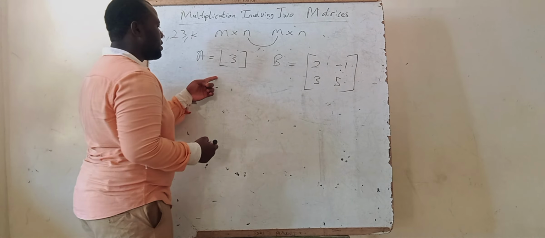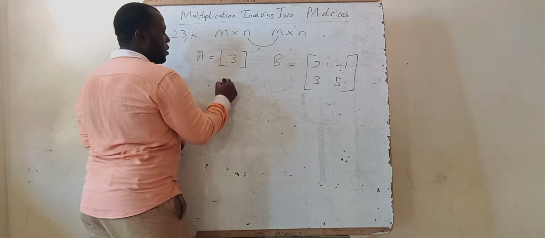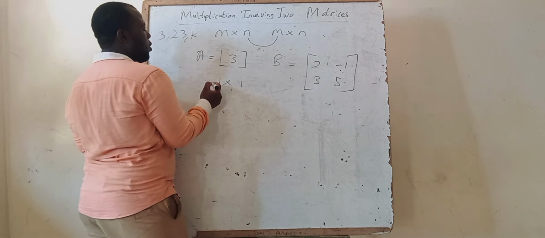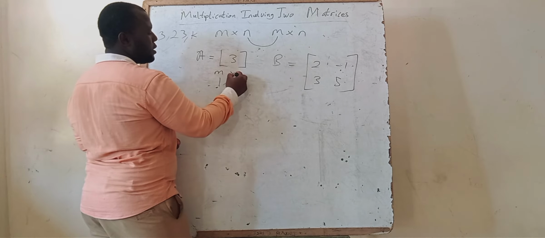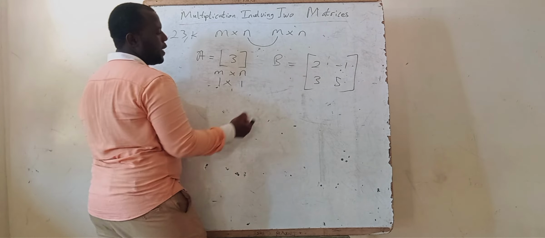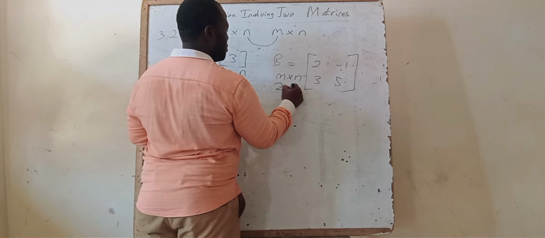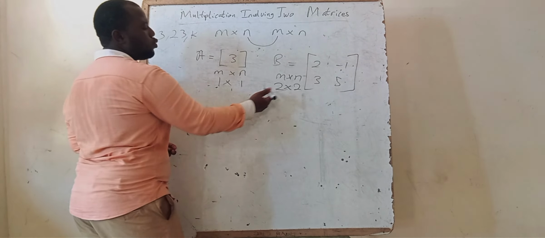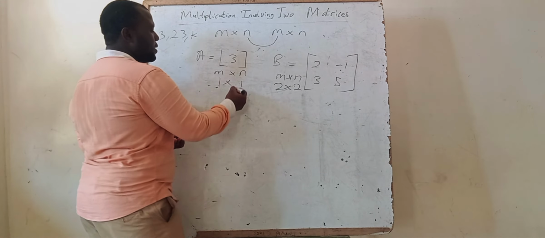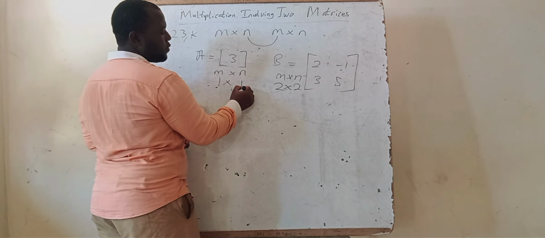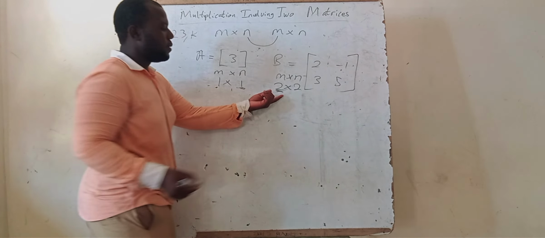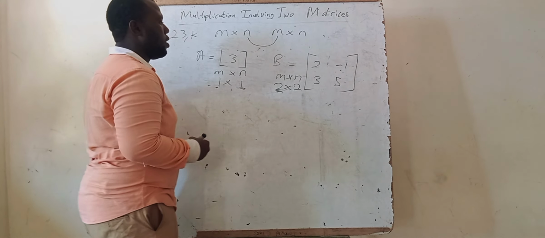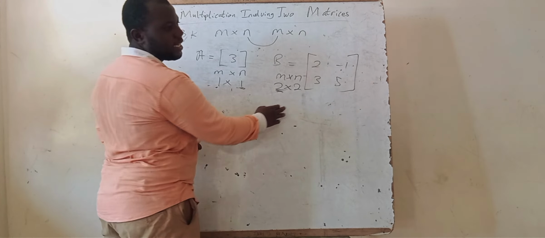The dimension of A is one by one, where one is the row and one is the column. The dimension of B is two by two, where two is the row and two is the column. Since the column count of the first matrix and the row count of the second matrix don't have the same value, multiplication is not possible.